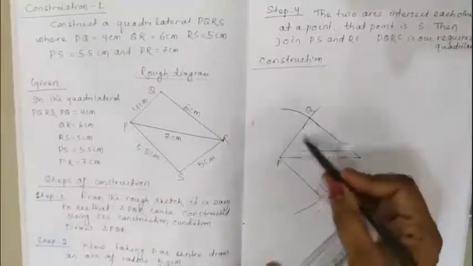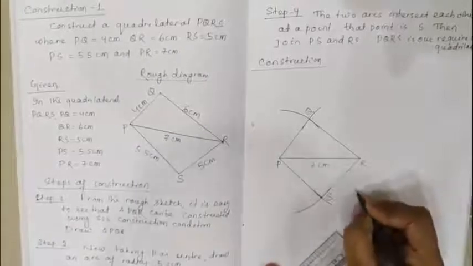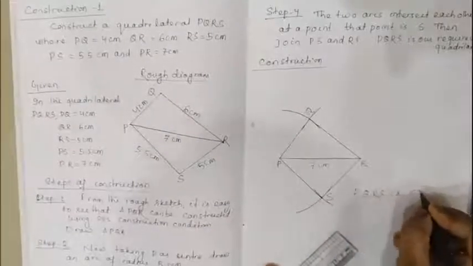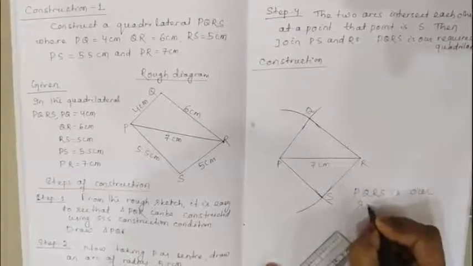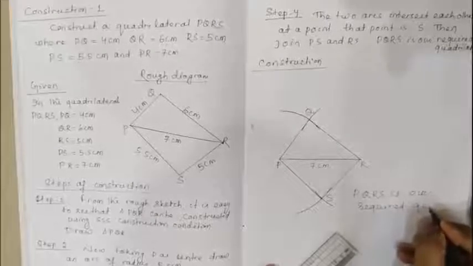So here PQRS is our required quadrilateral.